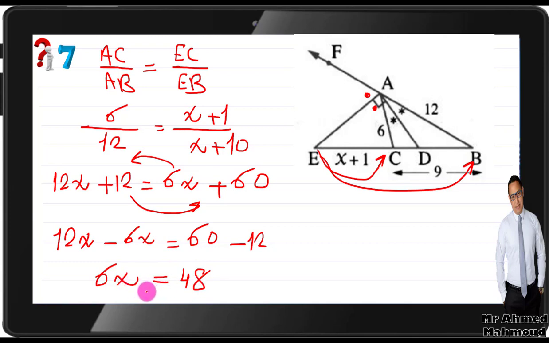And then divided by 6, therefore X equals 48 divided by 6 equals 8. So X equals 8.